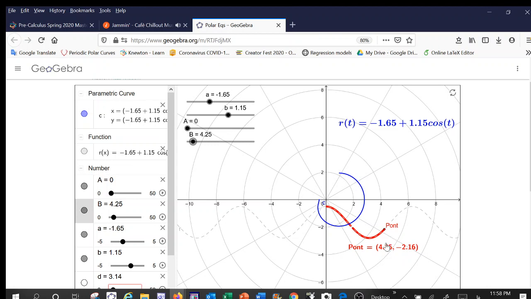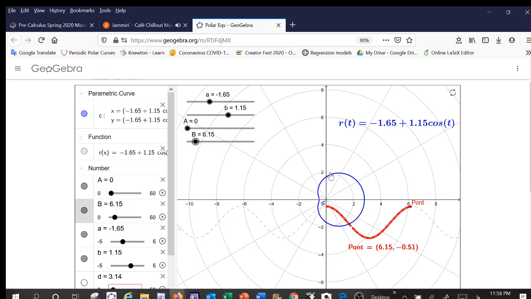You can tell what angle I'm at, right? 4.25 radians. And then when I get to 6.28, that's 2 pi, about right there. So 2 pi radians on this graph will give you one complete cycle over this.